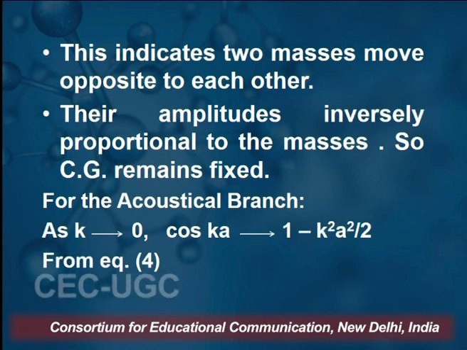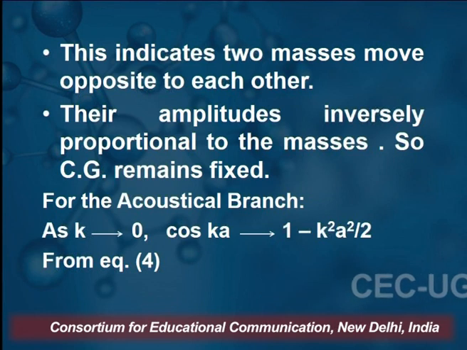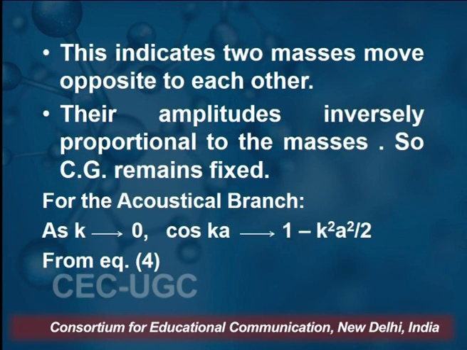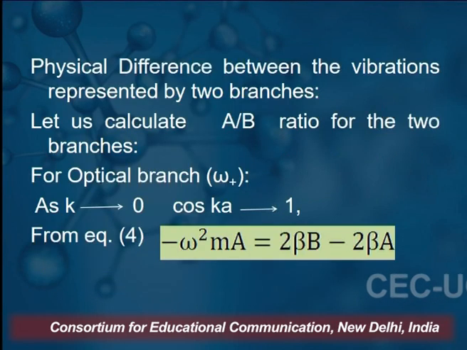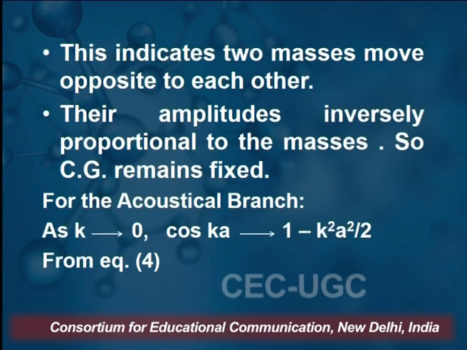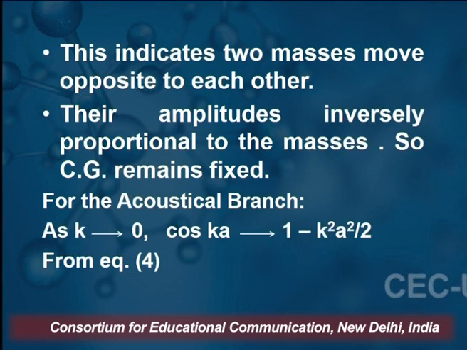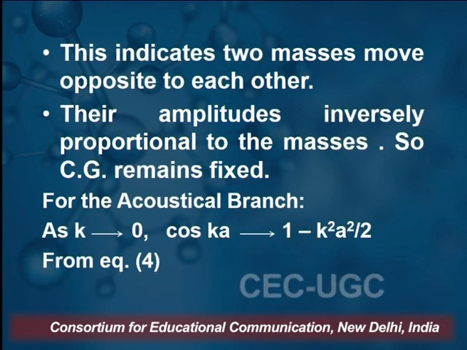What we find is the two masses are moving in the opposite direction. Also, their amplitudes are inversely proportional to the masses. That means for the optical branch, as k tends to 0, the masses move in the opposite direction and their amplitudes are inversely proportional to the masses.